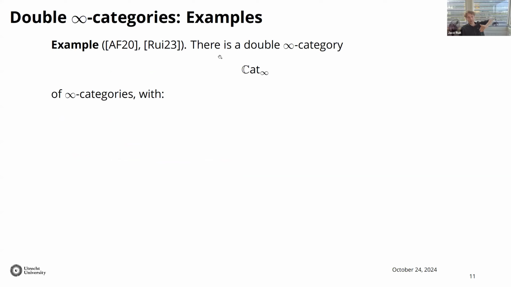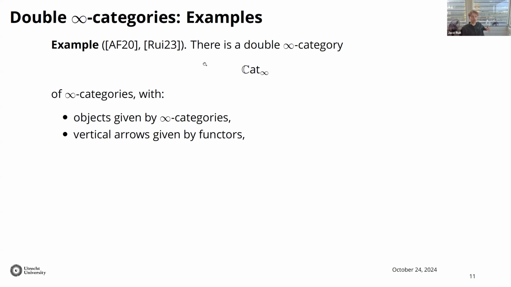So how can you describe this double infinity category? Well, it has objects given by infinity categories, vertical arrows given by functors, and horizontal arrows given by profunctors. So throughout this talk, the horizontal direction will always be the profunctor direction. Maybe you can imagine that defining a double infinity category would be quite complicated to say.